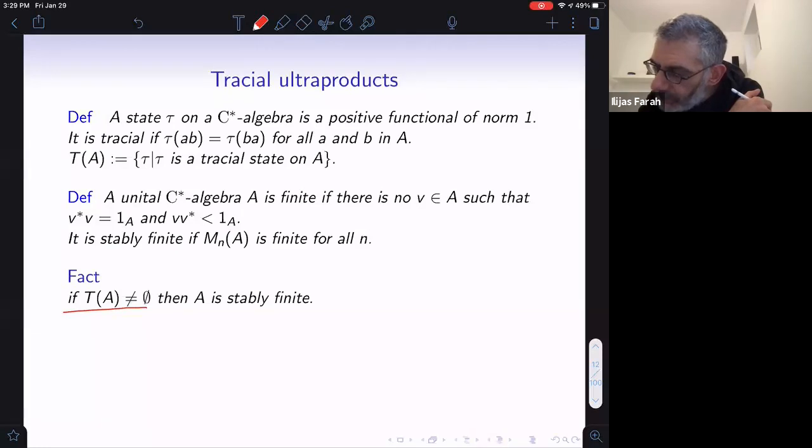No, this is not true. Sorry, I just realized that this is not really right. What am I missing here?